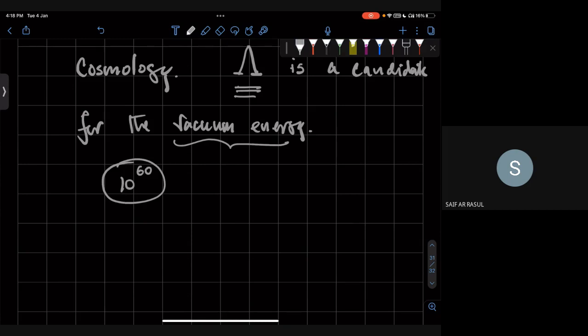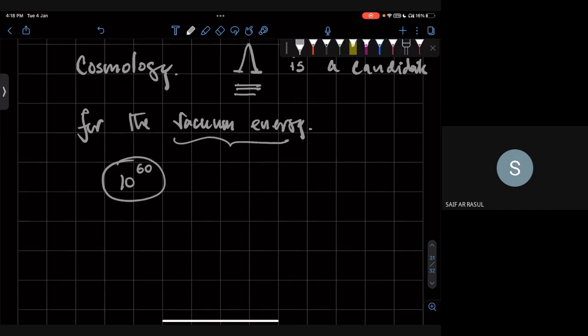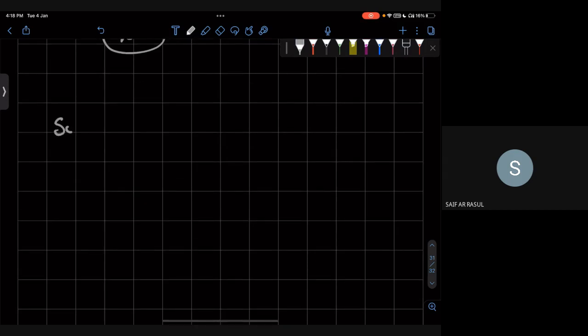I think I will need another class. So let's look at the solutions. The solutions are given in terms of the Hermite polynomials.